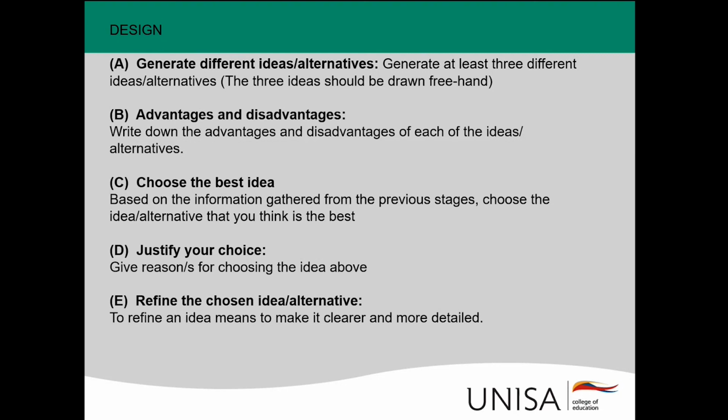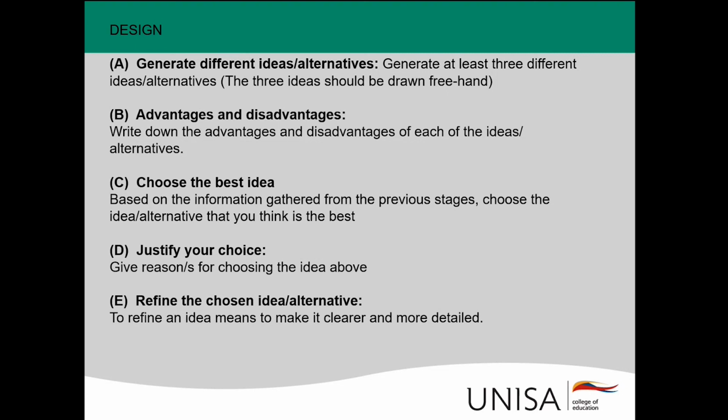Then after having your rough sketches, you need to talk about the advantages and also the disadvantages of each idea or alternative. Idea number 1, what are the advantages? What are the disadvantages? And so on. Idea 2 and 3, you outline the advantages and disadvantages.